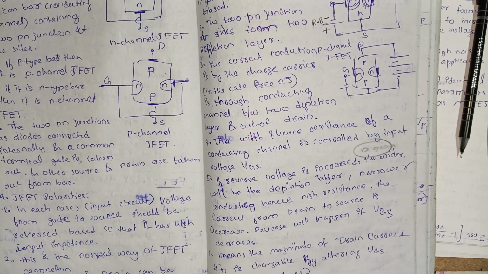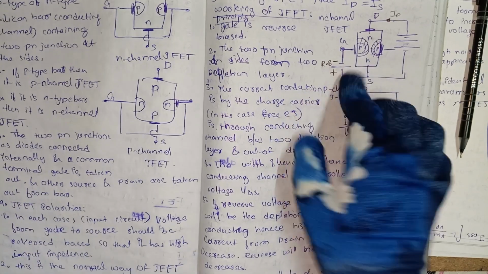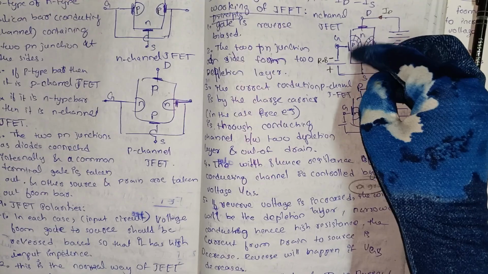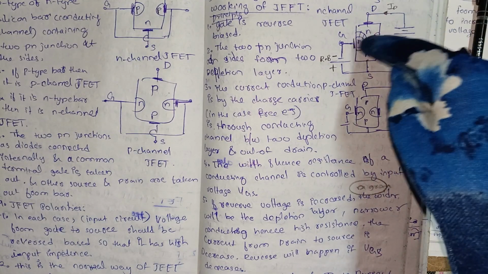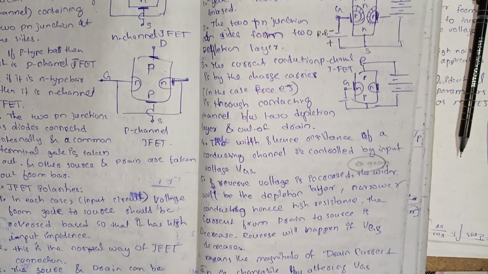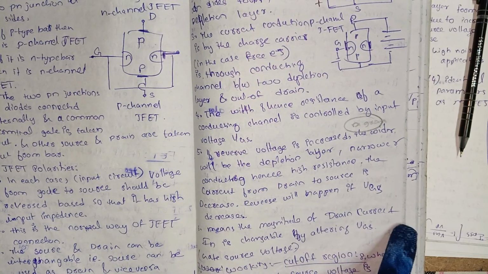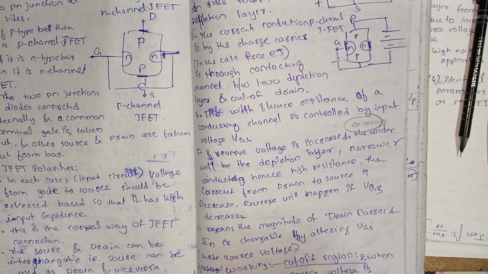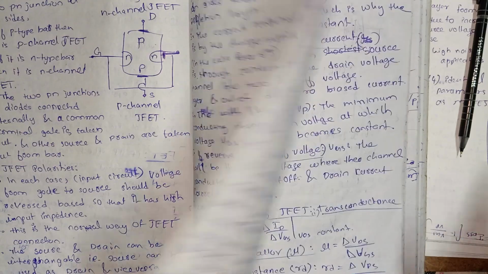The reverse will happen if VGS decreases: the depletion layers will be thin, and the conducting channel size is more, meaning the area between the two P-type materials. So the magnitude of the drain current ID is changeable by altering VGS. We have understood the working of JFET, then we will understand the working of MOSFET.